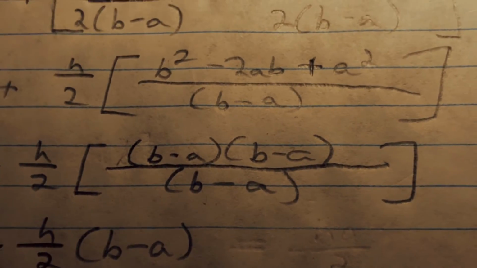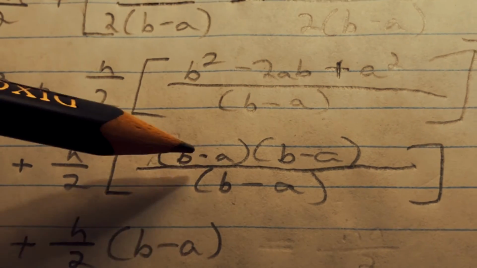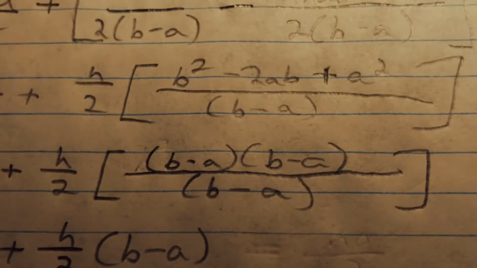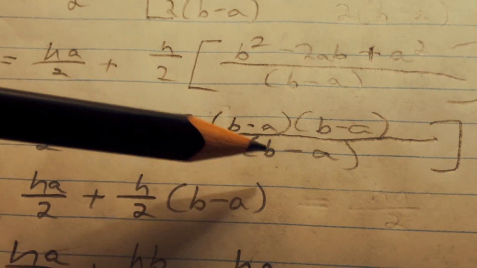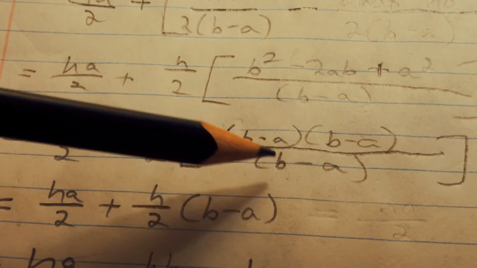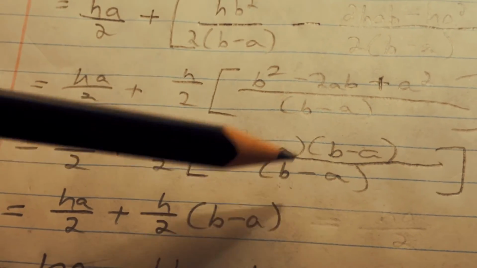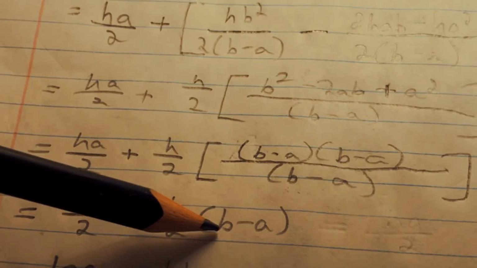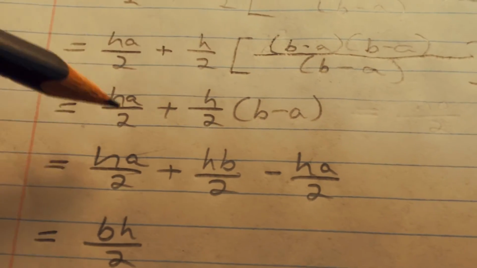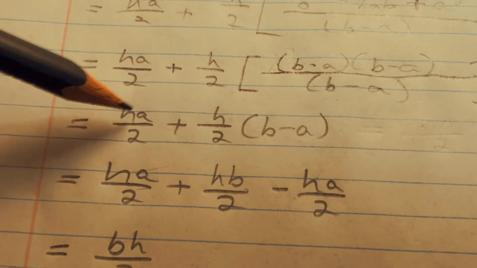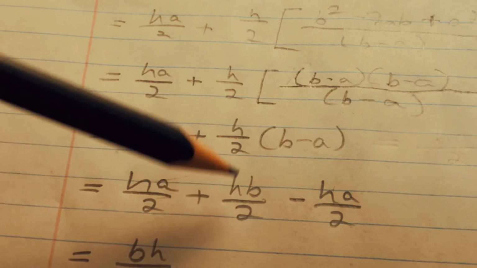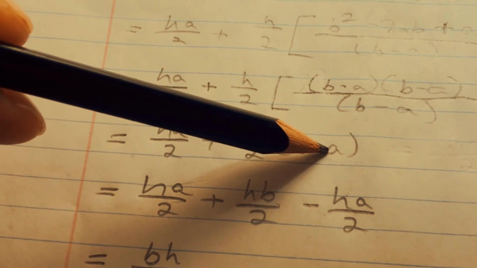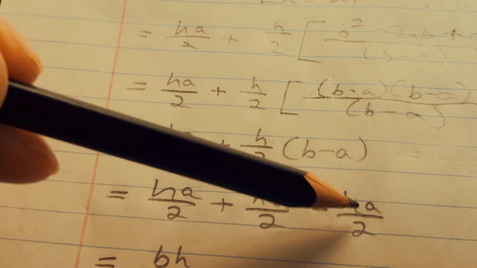And if A was equal to B, we would be dividing by 0, and the cancellation trick would not work, because cancellation really just means that this number divided by the same number gives me 1, and 1 times something is the same thing. HA over 2 remains. HB over 2 is here. H times negative A over 2 is here.